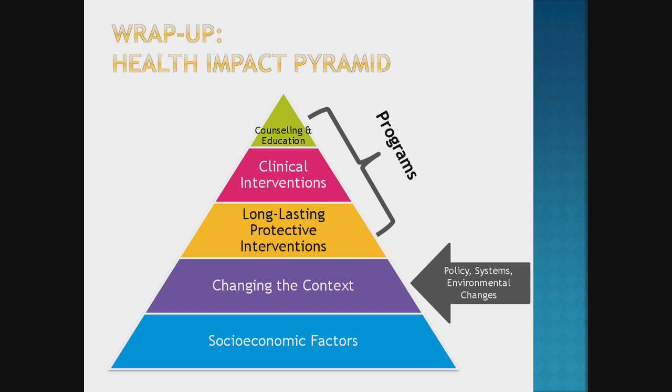One of the reasons that we focus so much on policy, systems, and environmental changes within the We Thrive initiative is because when we change the context for people, we can have a large impact on the population with a smaller amount of effort. So really this is looking at population health rather than individual health, that can really affect a lot of people without a ton of money or resources.